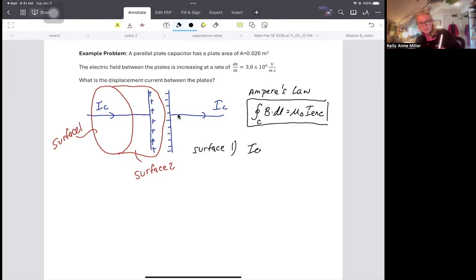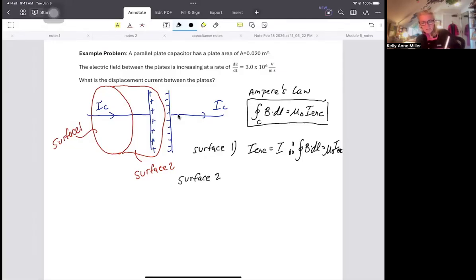I enclosed just equals I. And therefore if I integrate B around that path, it would be a perimeter 2 pi r. So B dot dl would equal mu naught times I enclosed. That's just the regular Ampere's law that we did a few weeks ago.